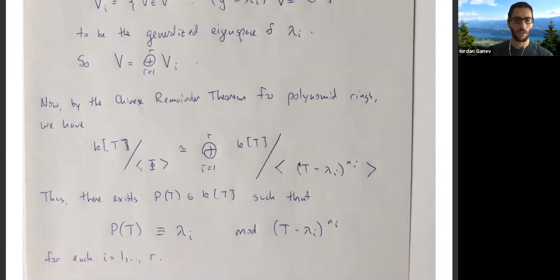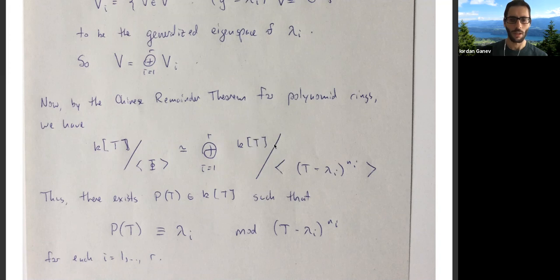Right, and so now what we want to do, and this will seem mysterious here, but I hope that as we go on in the proof, it'll become clear why this is the right thing to do. We want to take an element here, namely the element that has just lambda_i in each factor.